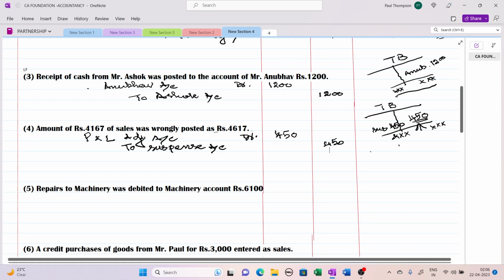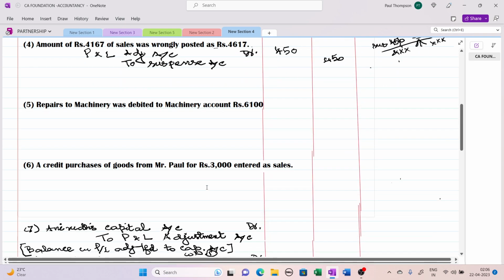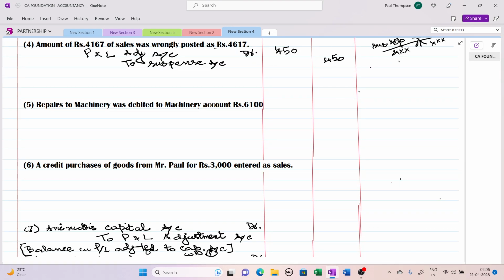Next one is repair to machinery was debited to machinery account. See here, when I prepared the trial balance, my accountant has made a mistake of repair to machinery. Repair to machinery is an expense. It should not have been capitalized. It should not have been added to machinery account. Though the repair is to the machinery, it should not have been added to the machinery account because it is a general repair.